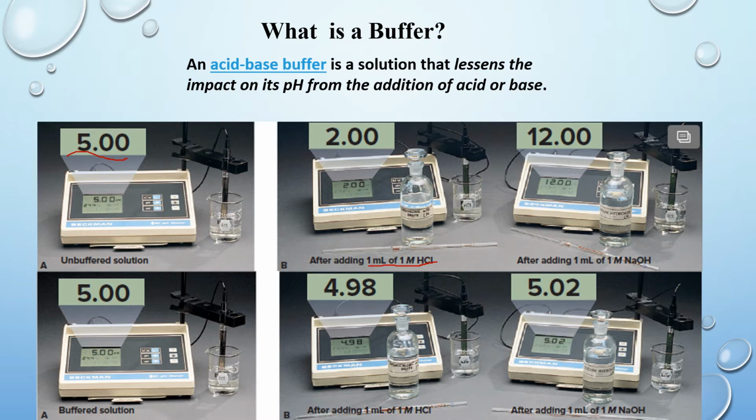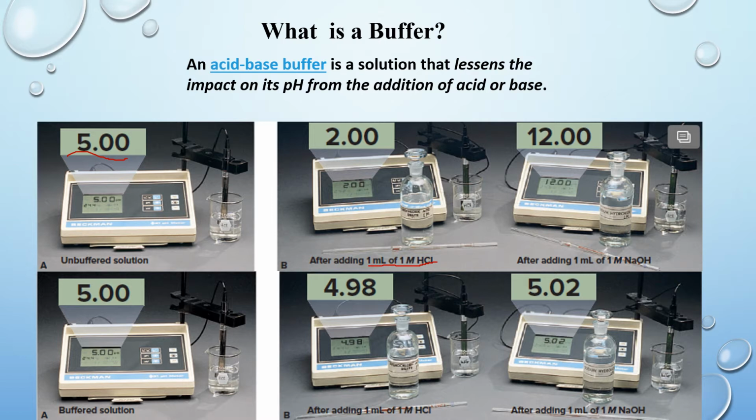From pH 5 to 2 means the concentration of protons changed by 1,000 times. Because pH is the exponent in the proton concentration, a change of 3 is 10 to the third, so the proton concentration increased by 1,000 times.